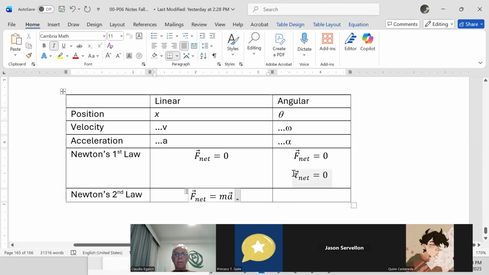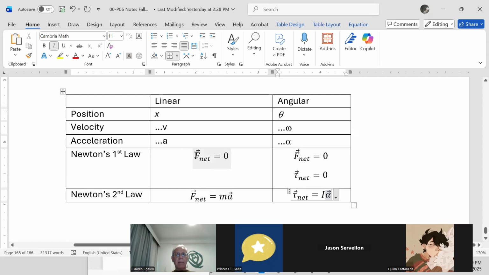And here, net torque is going to be something else. Something that replaces the mass, and this something is called the moment of inertia, and something else replaces the linear acceleration. What replaces the linear acceleration is the angular acceleration. And by the way, the angular acceleration is also a vector, okay? We didn't cover that, but here you go, alpha.